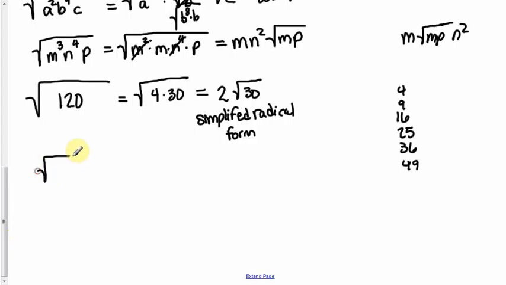Let's do this one, the square root of 72. Now, it's very important that you always choose the largest perfect square factor of 72, the largest one. So I know 9 goes into it, but that may not be my largest one. Okay?